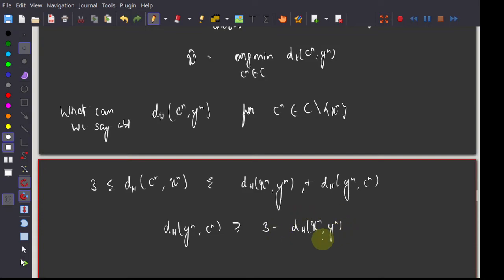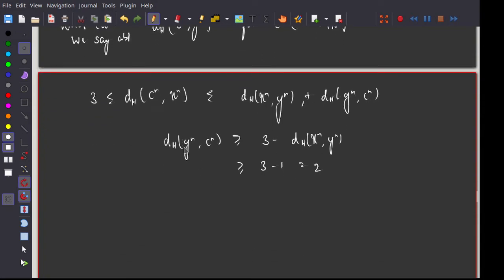But you know that this quantity can be at most 1. Therefore, this is greater than or equal to 1. So the Hamming distance between the received sequence and any other code word must be at least 2. So the minimum distance decoder is always guaranteed to output the correct answer as long as the number of errors is at most 1.